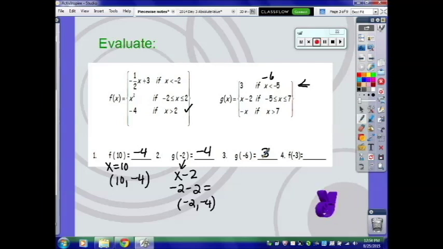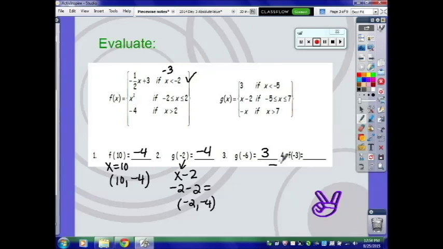Alright, number 4. If you want to try before I do it, pause your video for a moment and try the problem. Alright, which piece of the graph are we going to use? So x is -3. So where is -3? We want to know where we got a true statement. Since -3 is less than -2, that means we're going to use the first piece of this graph.